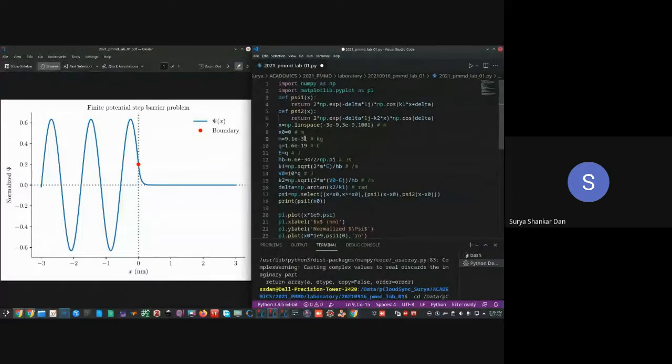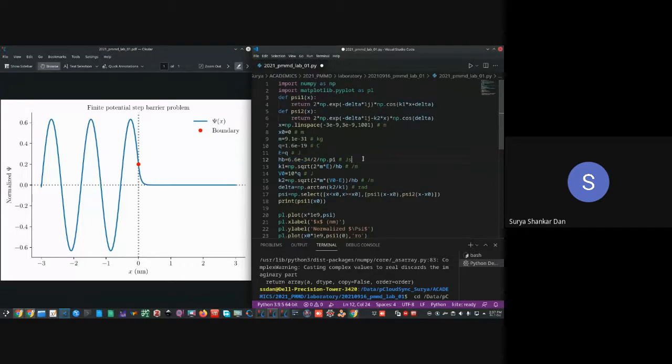Now this is the mass, q is the electronic charge, everybody knows. The energy of the electron, notice I have put E equal to q into 1 electron volt, that means q joules. Please understand the units over here. This is h bar, or h cross, that is Planck's constant h divided by 2 pi.